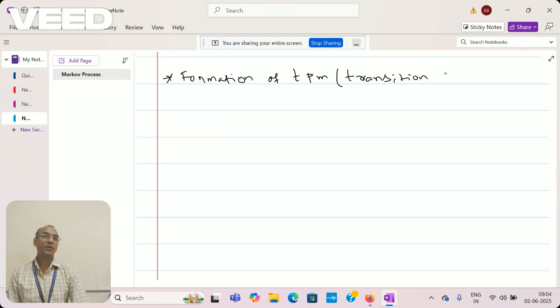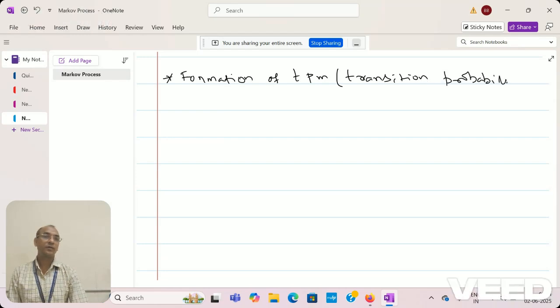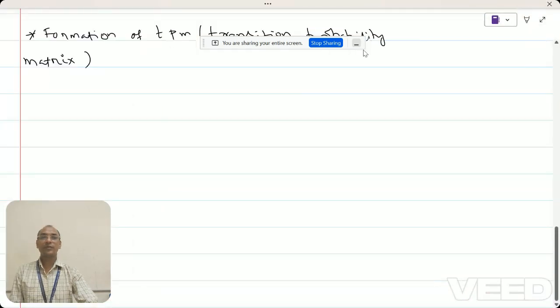TPM means transition probability matrix. So how to form a transition probability matrix for a given problem.